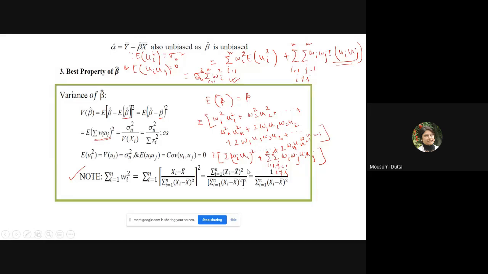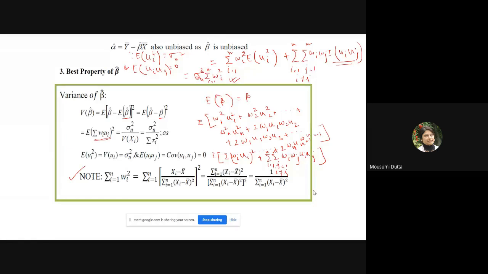So in the numerator, you have one summation xi minus x bar whole square. In the denominator, you have two summation xi minus x bar whole square. Actually, summation xi minus x bar whole square into summation xi minus x bar whole square. So one summation xi minus x bar whole square will be cancelled and you will finally get the ratio 1 by summation xi minus x bar whole square.